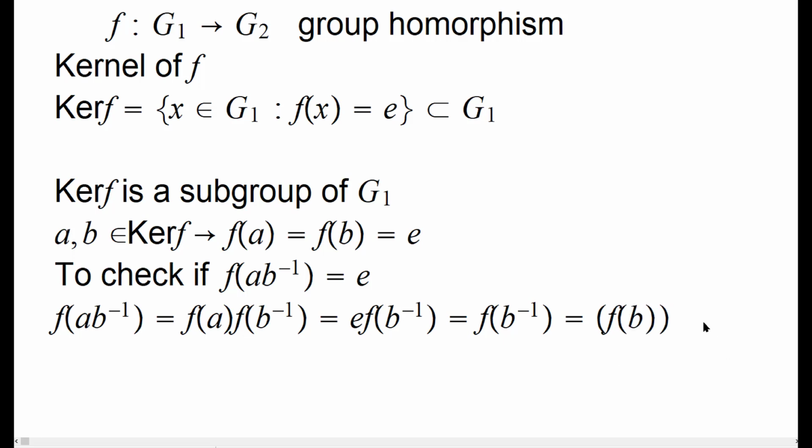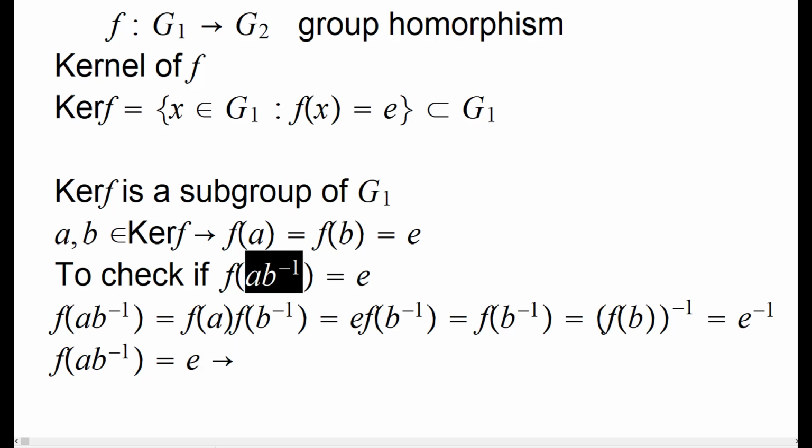And f of b is who? That's the identity. So we get that this equals the identity inverse, and the inverse of the identity is the identity. So this whole thing becomes simply E, which means that a b inverse belongs to the kernel.